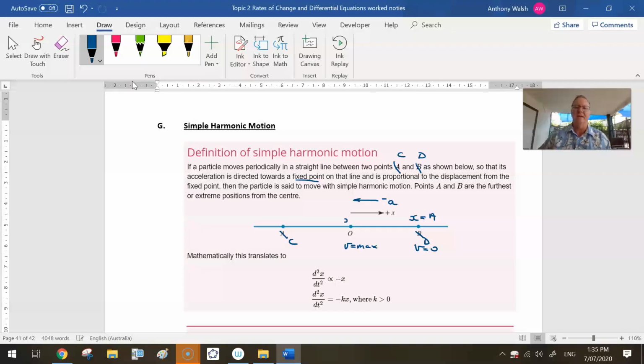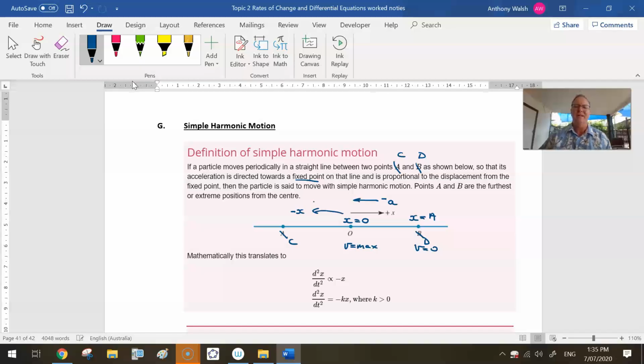At the center, its displacement would be 0. Now, all the time that it's moving from the center out to the point C, again, the displacement might be x, of course, but it's in the opposite direction to what it was previously. So the displacement would be negative x in that direction. Now, all the time, again, as it's moving from O to C, it must be slowing down.